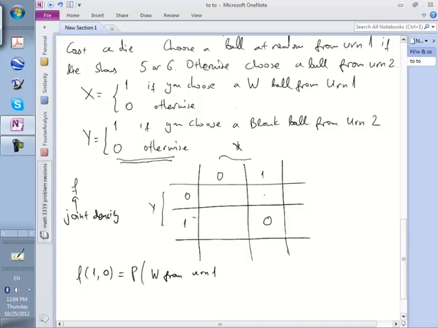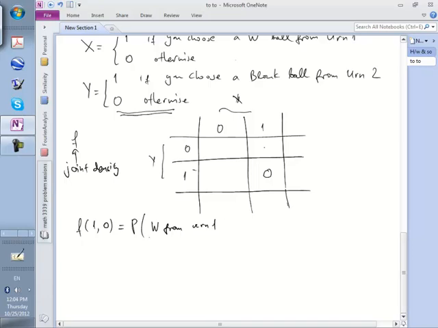So essentially this means find the probability that you choose a white ball from urn 1, which is the probability of drawing a white ball, given that you choose from urn 1, times the probability of selecting urn 1.